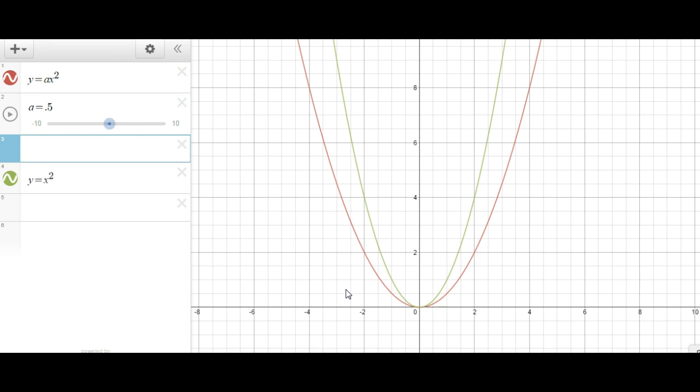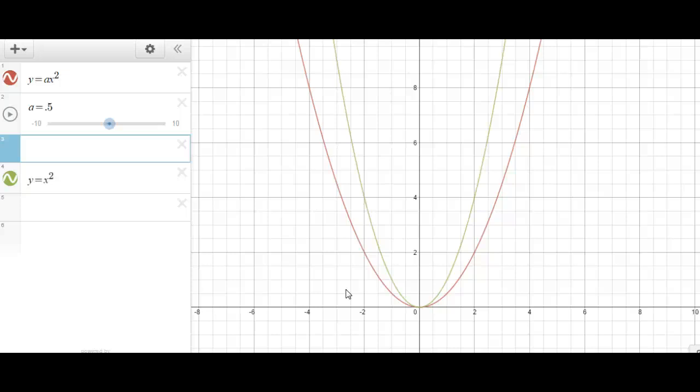You watch scale. The normal point is 2, 4, but now it's 2, 2. So we've taken half of it. We say the graph gets wider, but what we really want to say is that it's vertically stretched by a factor of 1/2.